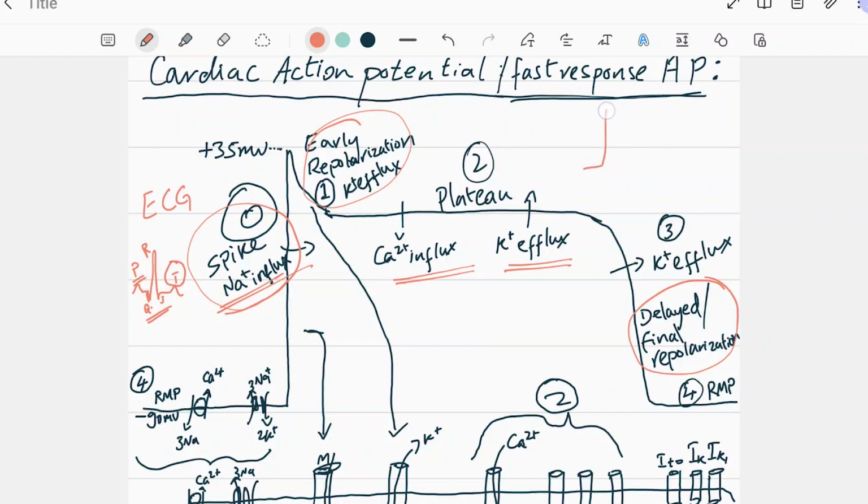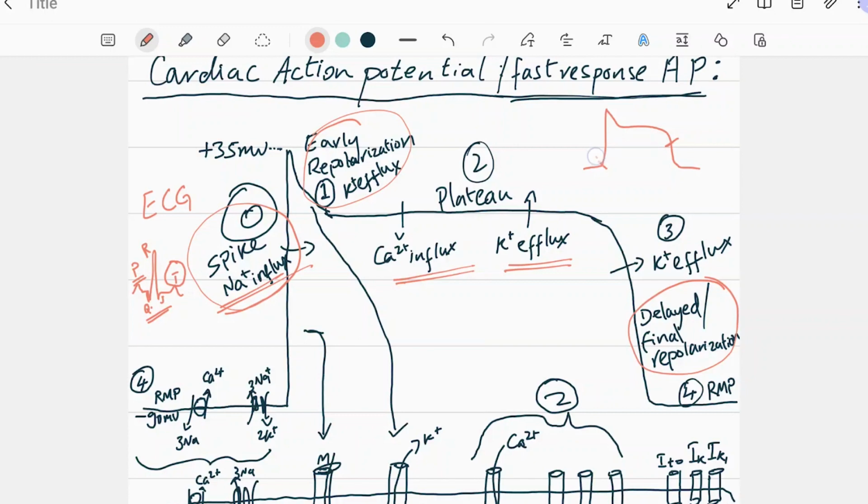Absolute refractory period is when you give a stimulus to a muscle or an excitable tissue, and it does not give you an action potential. No matter how strong the stimulus is, you will never get an action potential.